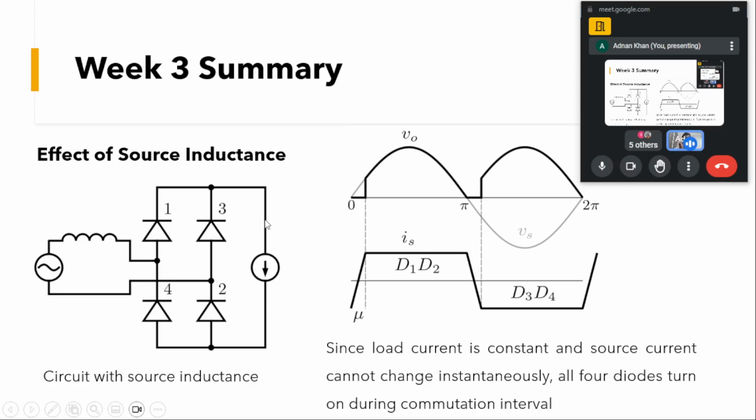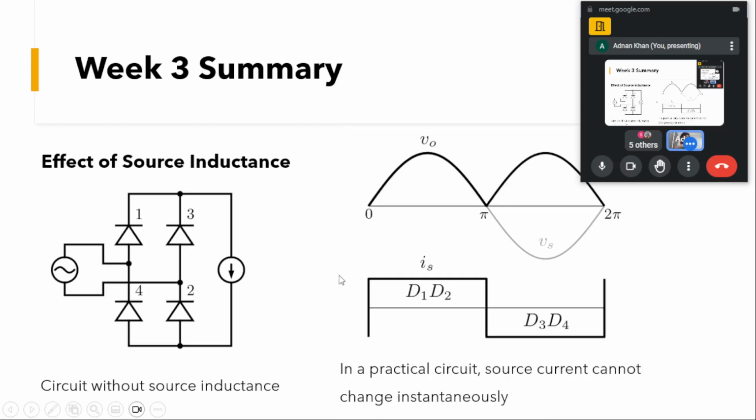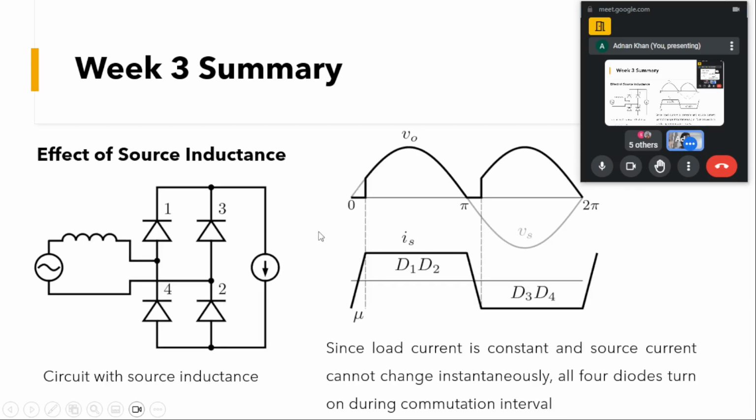Earlier you had seen the current changing instantly from positive to negative at the pi instant, and from negative to positive at the 0 instant.